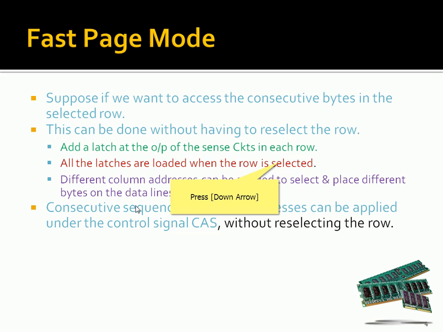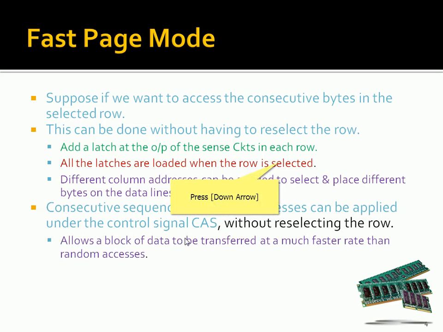This allows a block of data to be transferred at a much faster rate than random access.